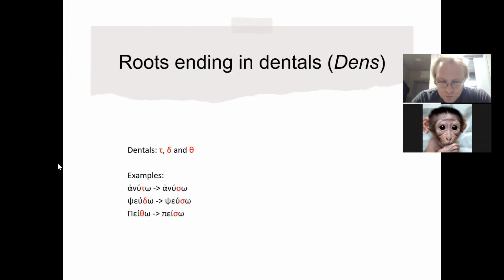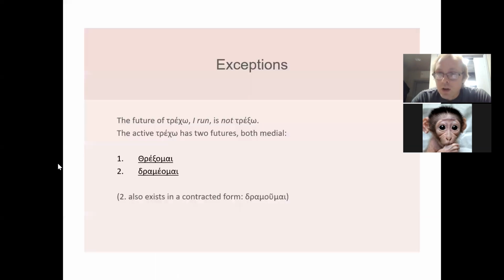But that concludes our survey of how the future is formed in classical Greek. It should be noted, however, that this was not a conclusive overview. These were just some main rules, and there's, of course, always also exceptions to them.